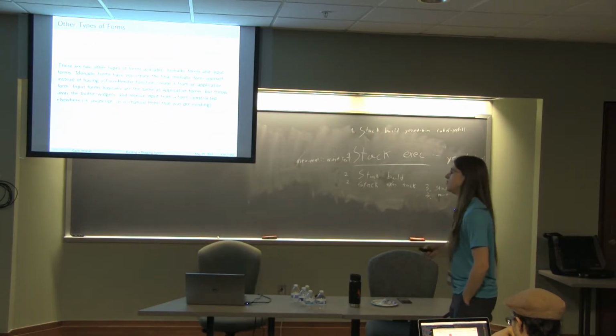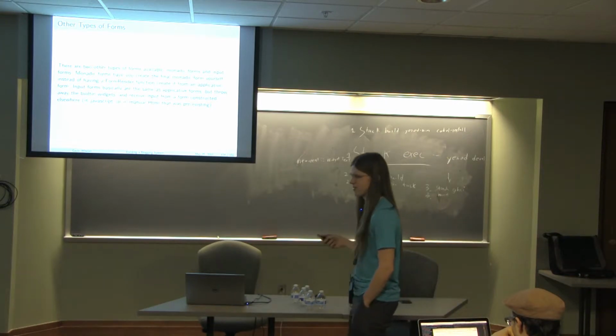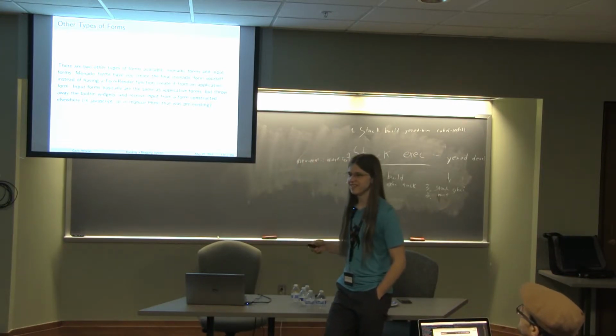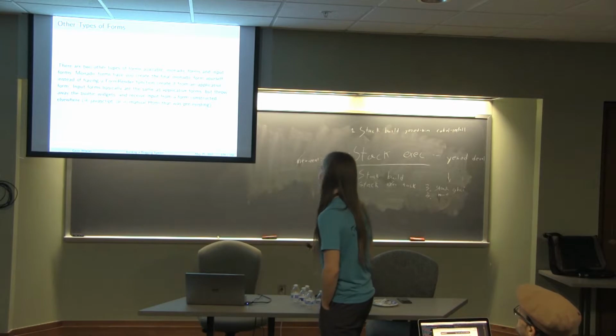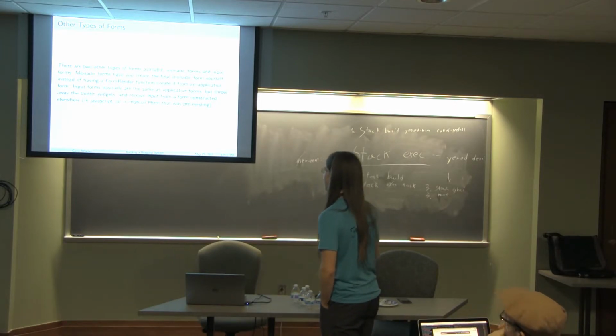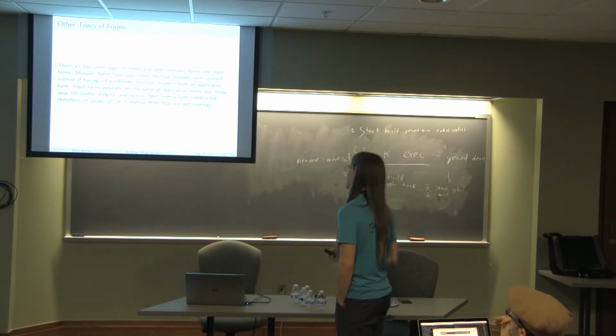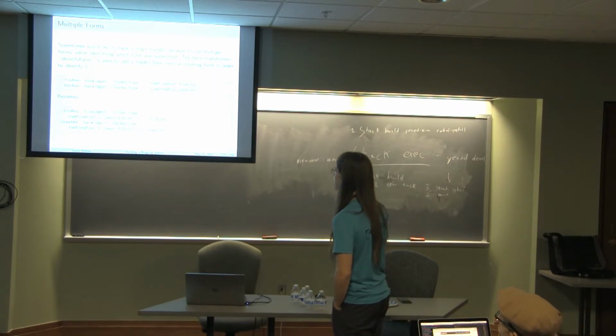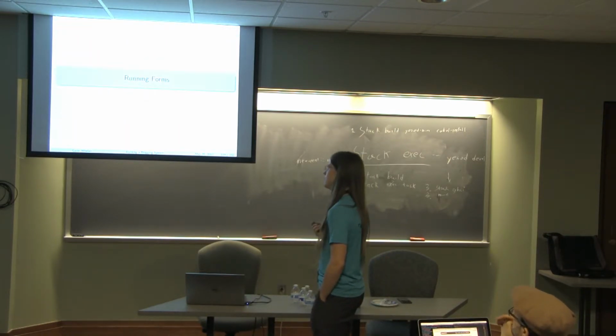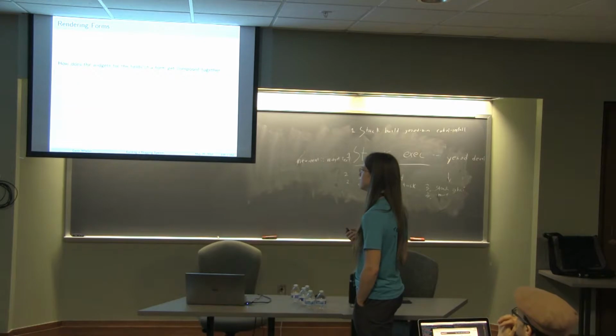And then there's the monadic forms. I'm not going to show you monadic forms. They're actually pretty ugly, really. But you run into them sometimes, but not very often. A lot of the times where you could use a monadic form, it makes more sense to write a new render function.